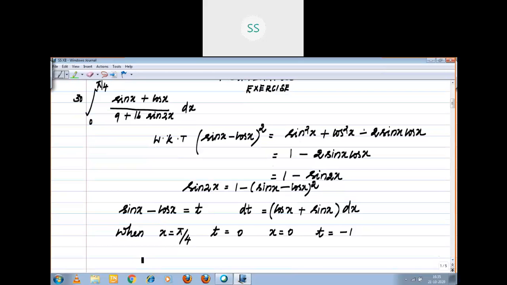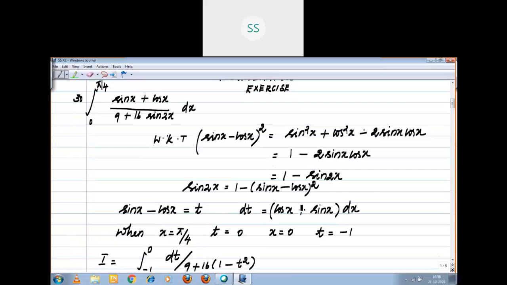So I equals integral minus 1 to 0, (sin x plus cos x) into dx, which can be replaced by dt, divided by 9 plus 16 into (1 minus t square).